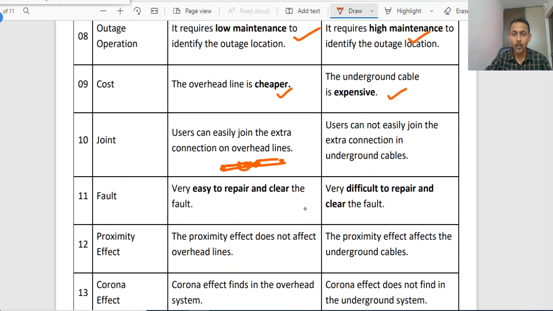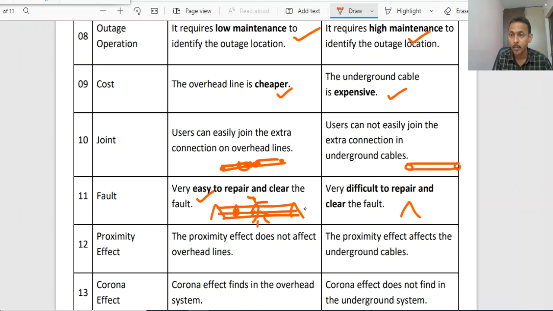And another important point is, for example, if any electrical fault occurs on the line, for example, if any tree branch has fallen on the line, right? If any two lines got short circuited, we can easily repair or clear the fault. If any short circuit fault or open circuit fault occurs, it is very easy if it is overhead system compared to the cable. The biggest problem is identifying the fault itself.